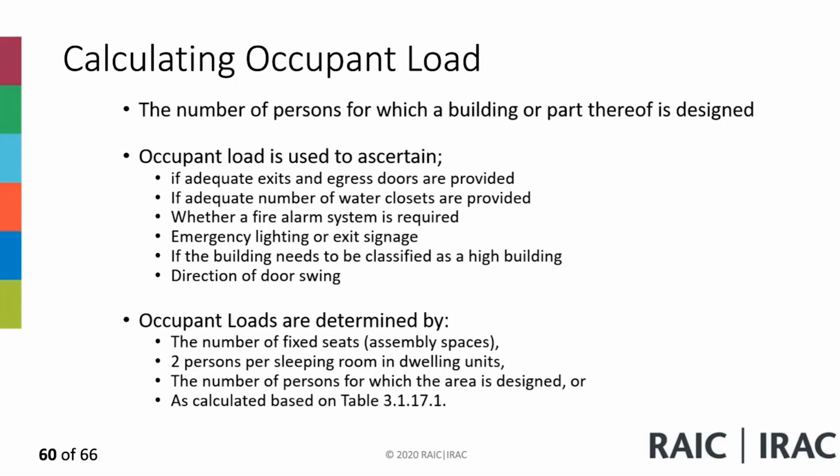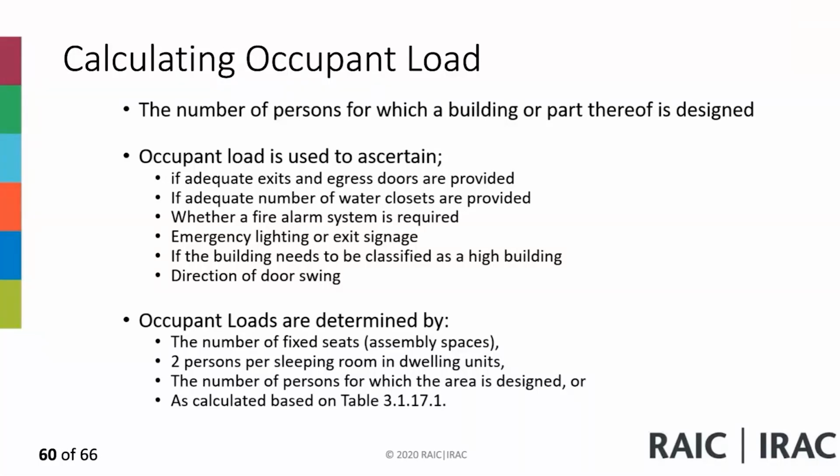So the building code, you don't have to use the occupant load factor to calculate the occupant loads for each area. You can do it based on your own design, and you know that this building is going to be designed for those number of occupants in those different areas. If you decide to do it that way and do not use the load factors, you have to put a sign and put the maximum number of people that are allowed in that space.